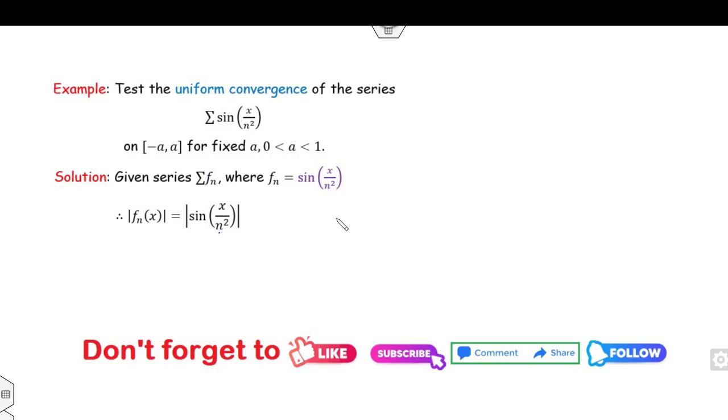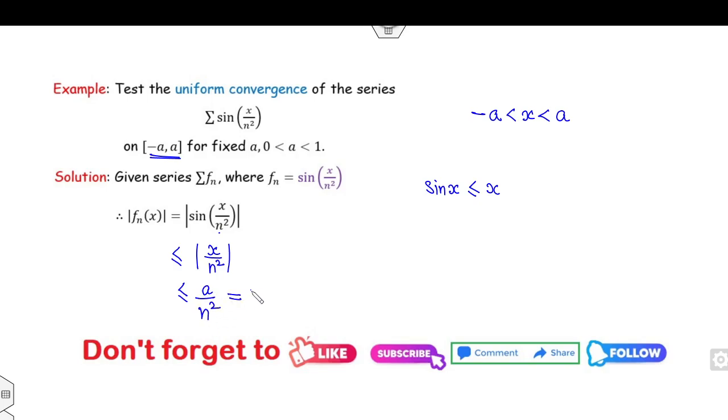Because we all know the value of sine x is always less than or equal to x, I can say this number is less than or equal to x over n square. And what is the value of x? Minus a is less than x is less than a. So I can say this number is a over n square.